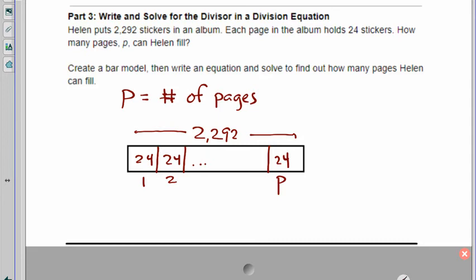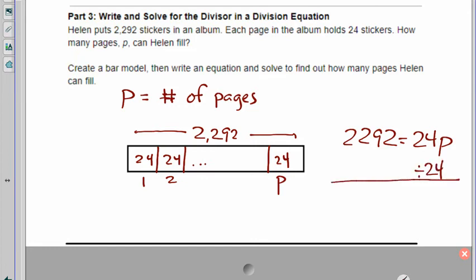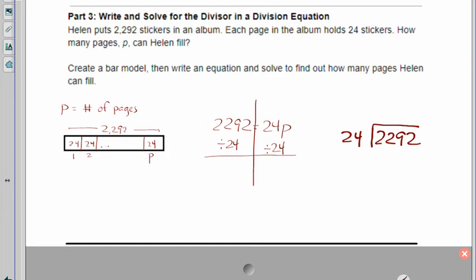And so I have an equation off to the side here, 2,292 is equal to 24p. P groups of 24. All right. So how do I undo multiply? I undo multiply with division. That's the inverse operation. I can do that if I do the same on this side. Coming over to my side, I can do my division. I'm going to divide both sides.